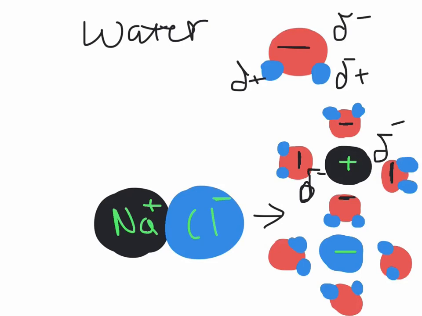And so it pulls away from each other. The water is basically acting as a force to separate the two. So we've got a little positive, little positive, and so on, and basically it separates the two.